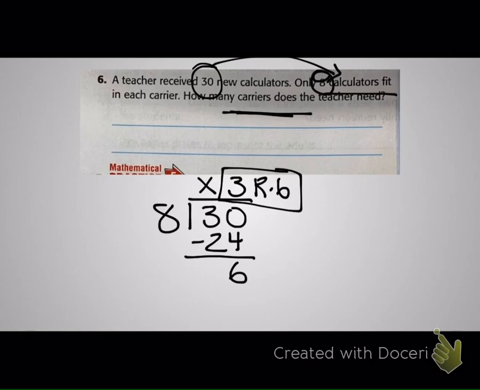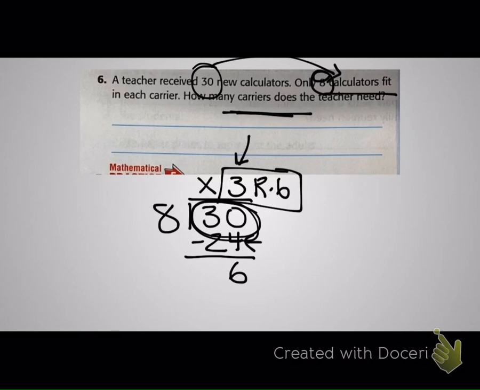So what does this mean as far as our answer? How many carriers does the teacher need? Well, just like our first video we watched, where the boy was trying to put the DVDs into the containers, this is a similar problem. Well, I have 3 here. 3 is only going to fit 24, though, and I have 30 calculators to fit into the carriers.